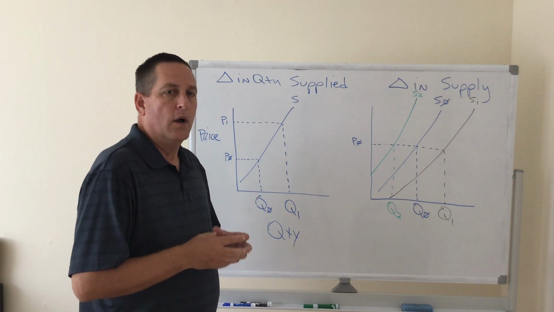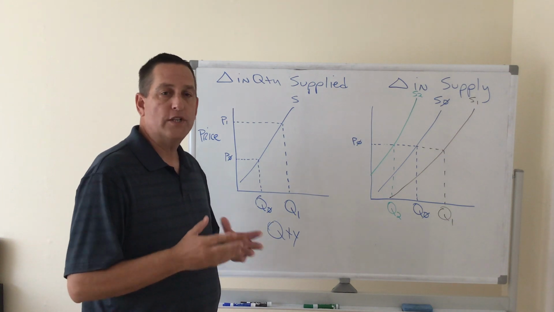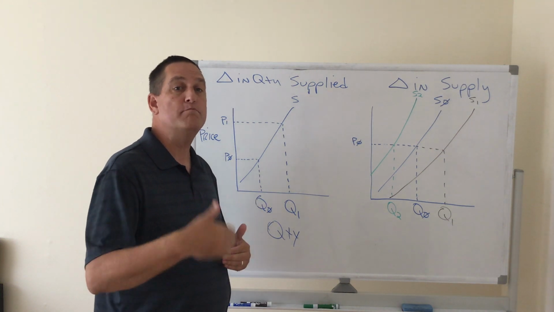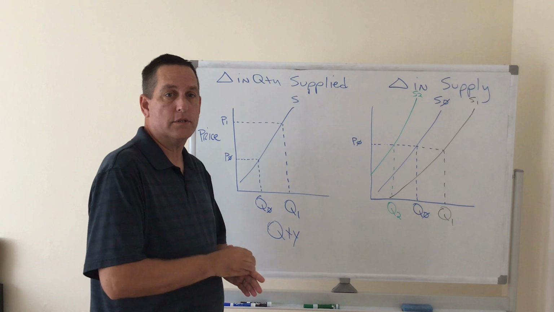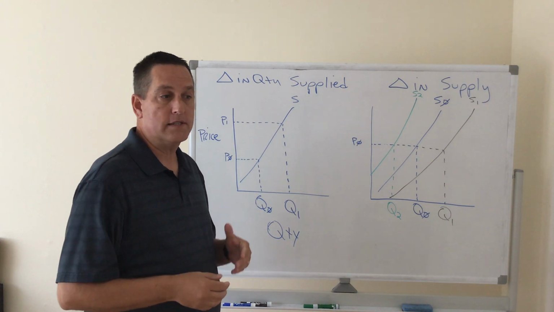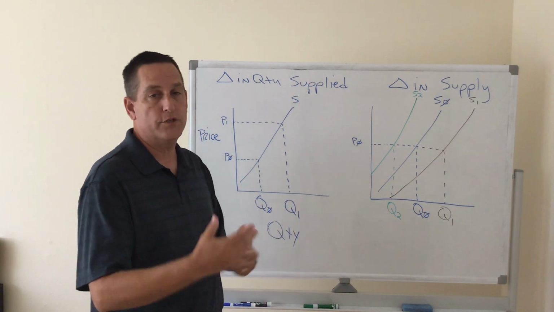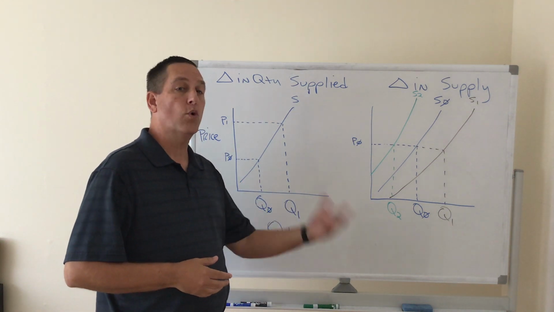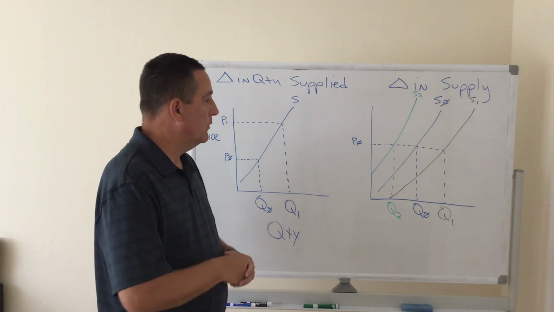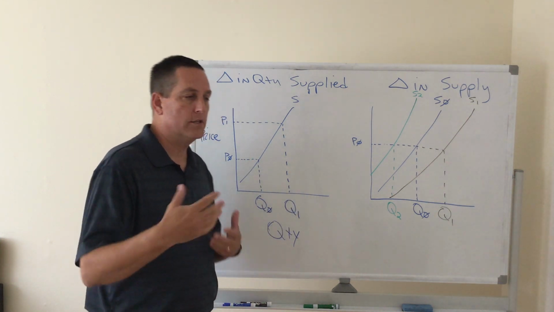If you remember back to chapter 1, resources are the things that we use to make the goods and services. If we're making hamburgers, it would be the meat, the bun, the lettuce, the tomato, the cheese, but also the worker, the grill and the spatula.